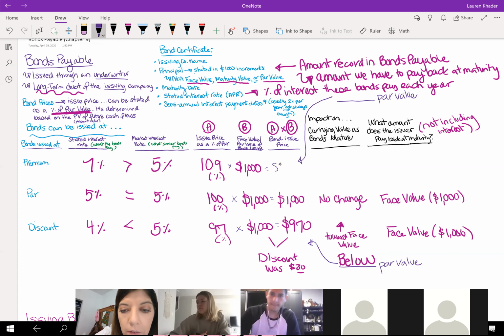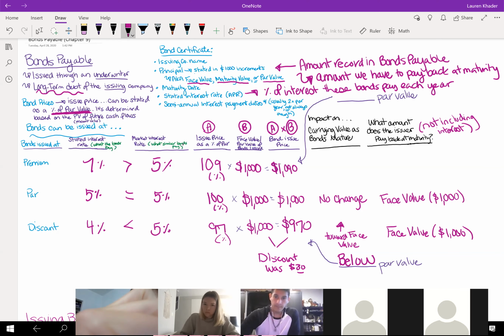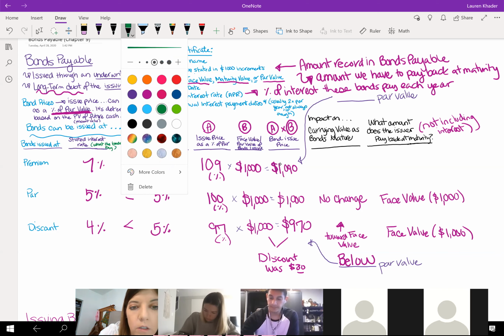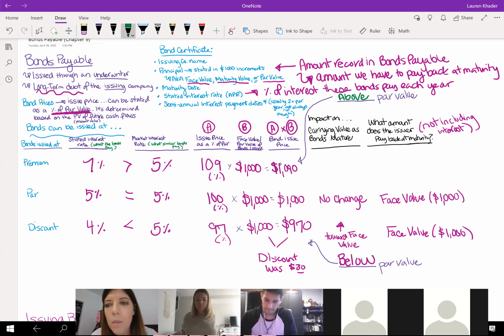What's the bond issue price? 1,090. So they offer those bonds at a premium. That premium was $90, the difference between face value and the issue price. The bond issue price when bonds are issued at a premium will always be above par value. So it's the opposite of a bond issued at a discount.